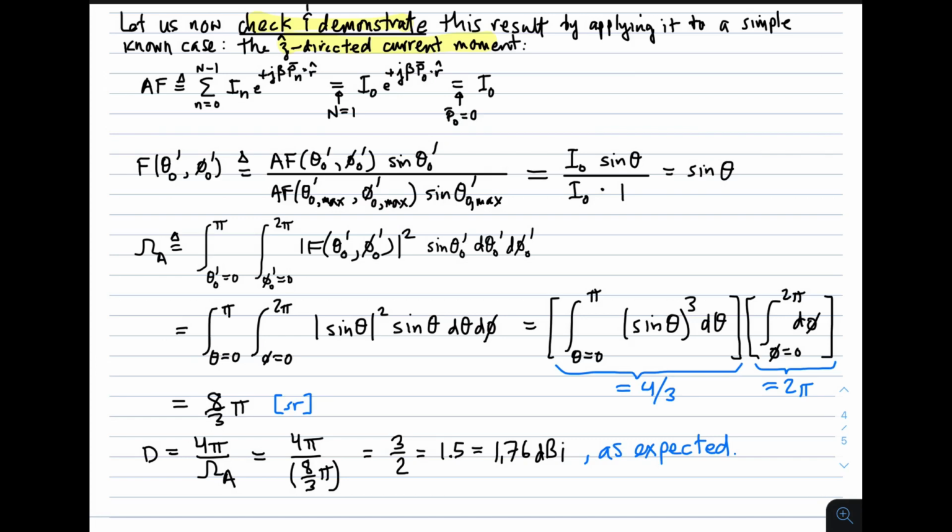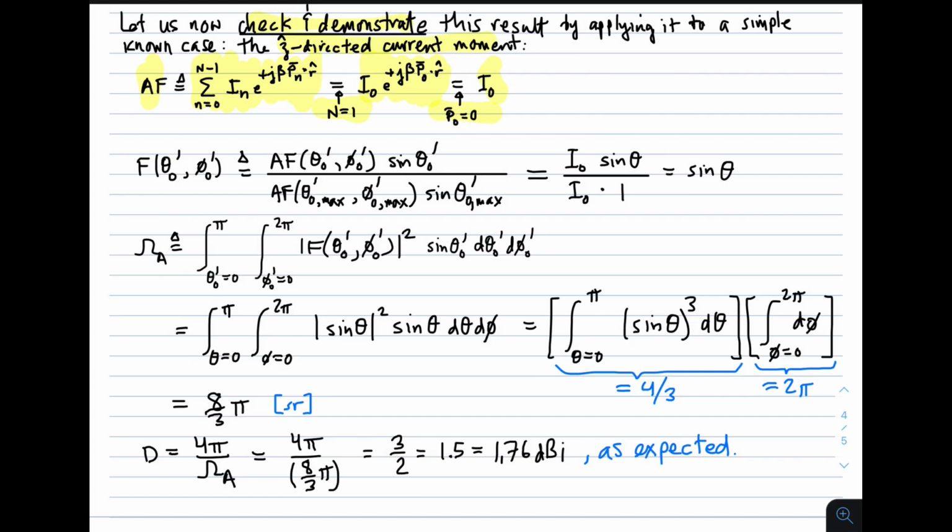So, for a single z-directed current moment, the array factor, which in general is this thing, is in this case, where N equals 1, because there's only one element, given by the single term. And we might as well put that element at the origin, that is p₀ equals 0, in which case the array factor is simply I₀.